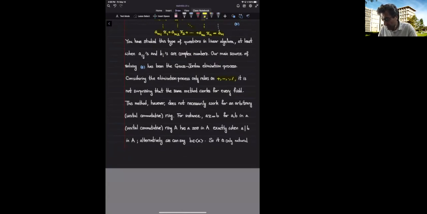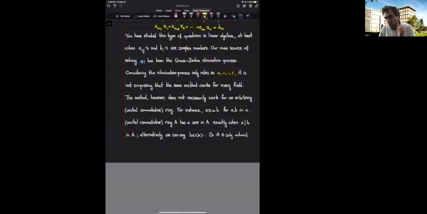Notice that even if I give you only one variable and one equation, then it's not as easy as the case of fields. So if I give you the equation ax equals b for some a and b in a unital commutative ring A, then this equation does not necessarily have a zero in A. Indeed, it has a zero in A precisely when b is a multiple of a.